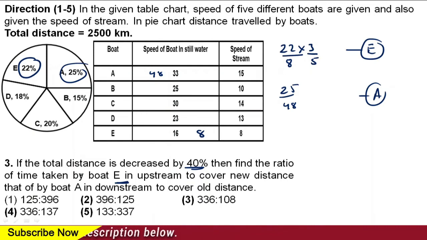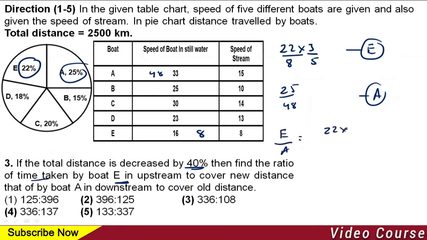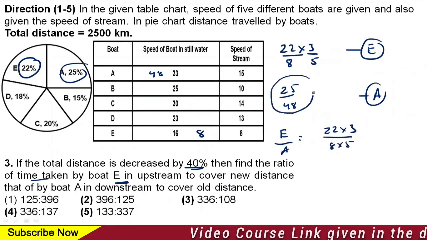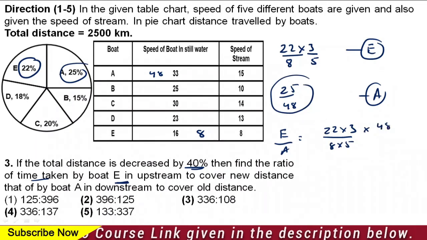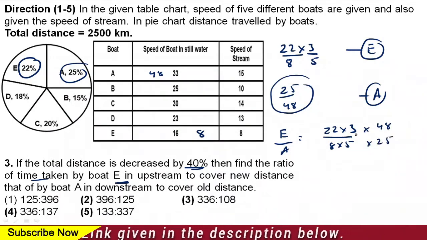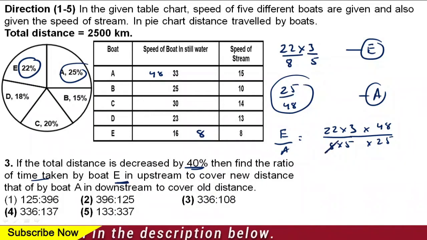I'm supposed to compare the ratio between the time. So I'm going to have E over A. That's it. So that will be 22 into 3 upon 8 into 5 divided by this. So if I'm dividing by this, 48 goes up and 25 comes down. So see how easy it becomes. This goes away 6 times, and what else do we have?